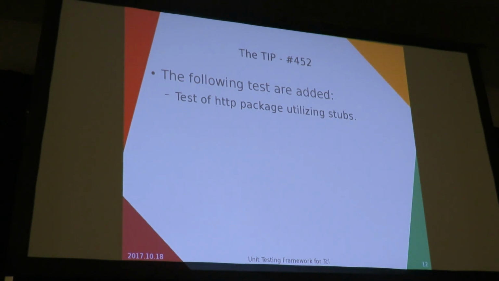Also, as part of doing the TIP per request, I added an example. I took the HTTP package that we have in Tcl, and we have tests for, and I added a TIP 542 test for it.